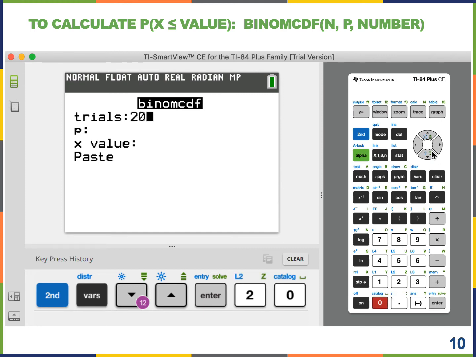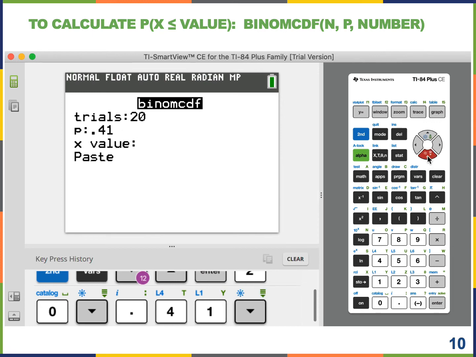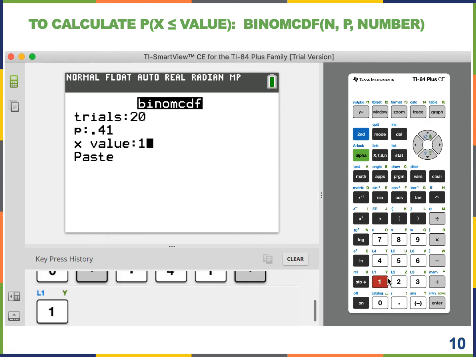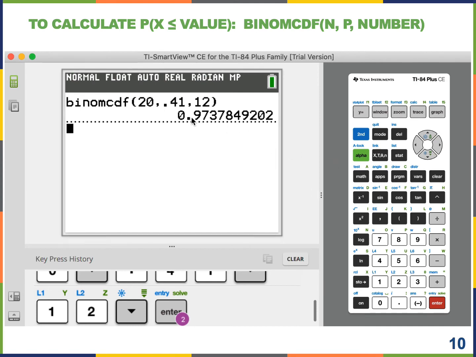The probability is 0.41. And then the X value is 12. Then you go down to paste and hit enter. You hit enter again, and there it is. The probability of getting less than or equal to 12 is 0.9738.